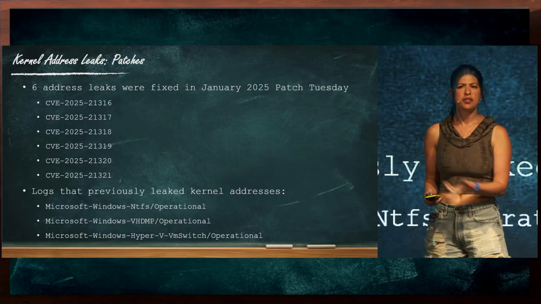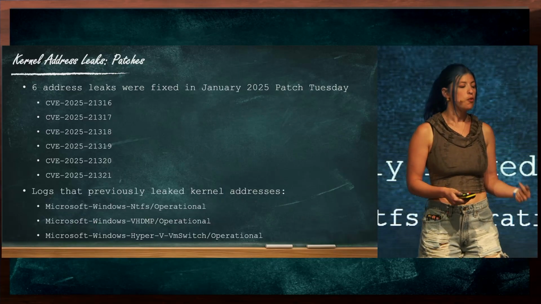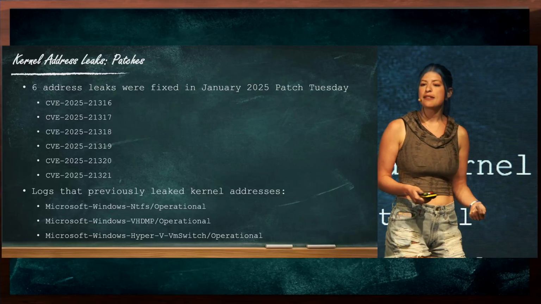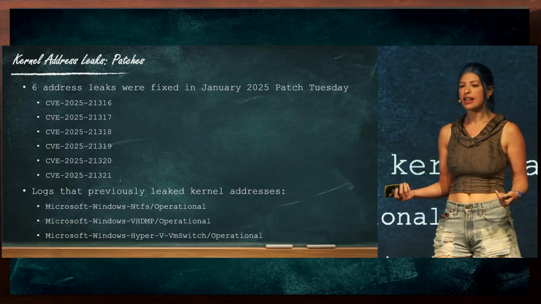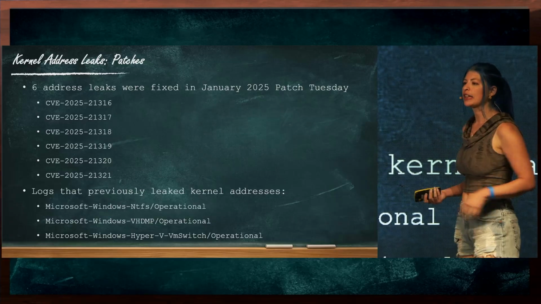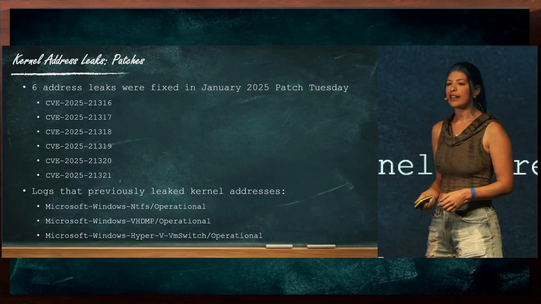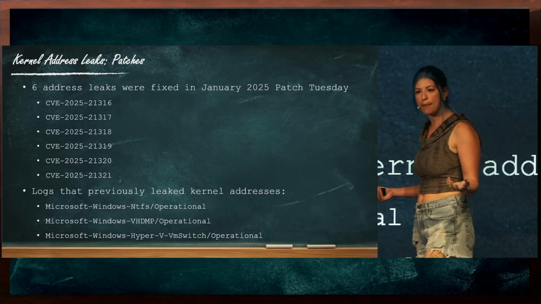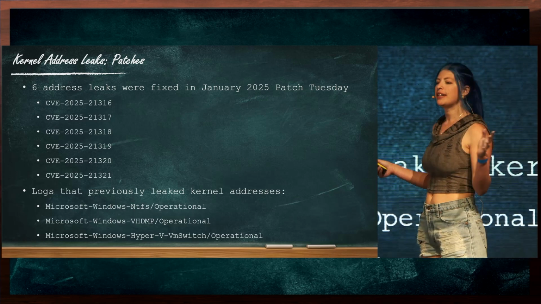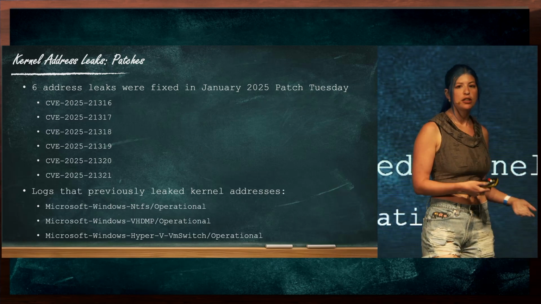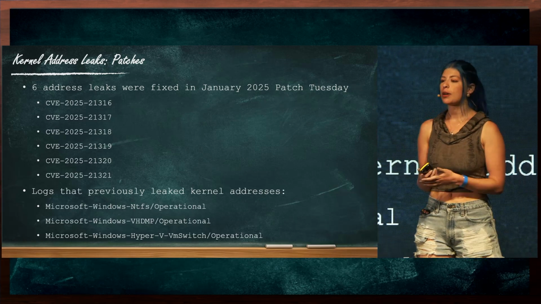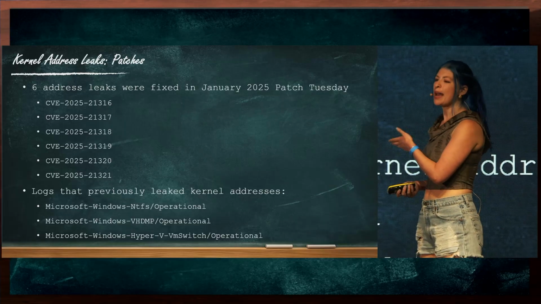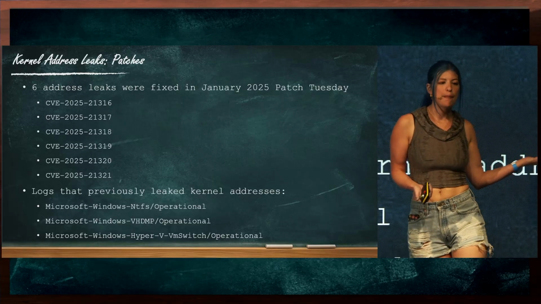And even though those specific cases were fixed, there's no guarantee they will not come back in the future, because unless all event logs become admin only, or unless there is some review process that happens, or there's any automated fuzzing or automated testing that makes sure no kernel pointers are ever leaked, this type of bug will probably come back sometime in the future.